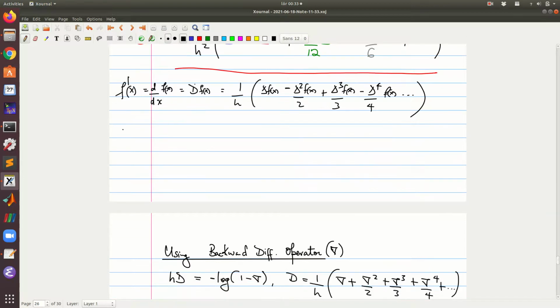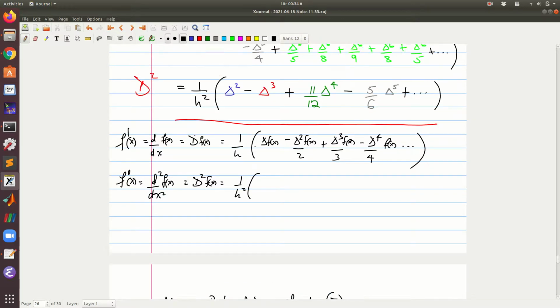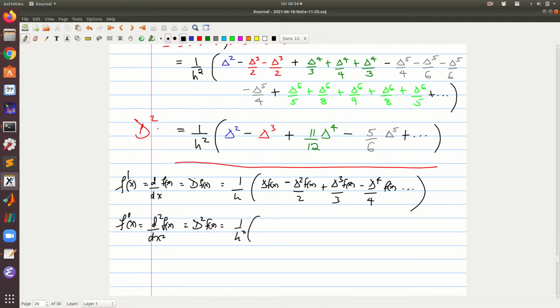And then we already saw, or we know, that the second derivative of our function f with respect to x, which can be written as d2 f of x, is now going to be 1 over h squared times the expression we have here, applied to f of x.